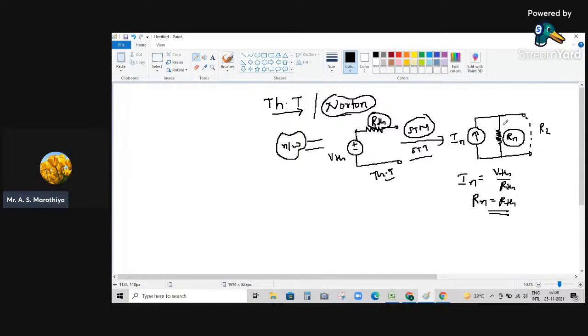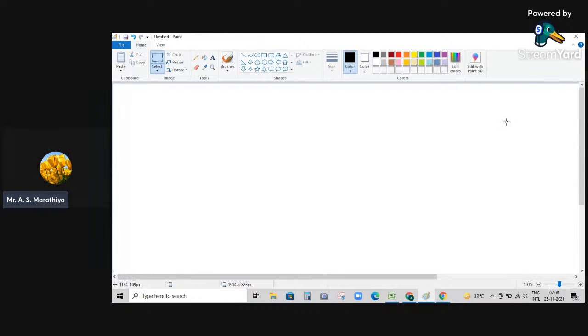This portion we discussed in the last class, and we also solved some numericals on how to find the Thevenin's equivalent of a given network, which were asked in previous GATE exams.